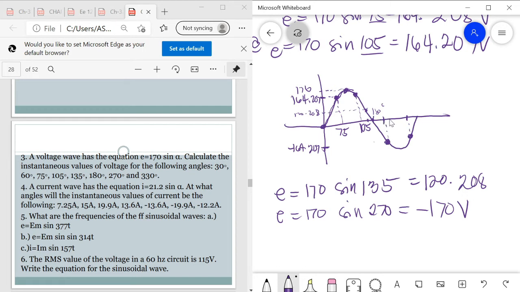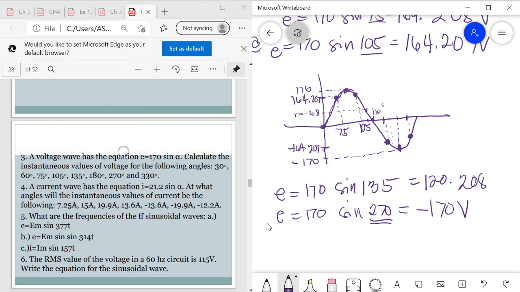So, makikita mo, if you project this one to our sine wave, makakakuha ka ng value. So, 270 is the maximum in the negative half cycle. Ito. This is our 170 volts. Negative 170. At positive half cycle naman at 90 degrees. At negative half cycle at 270 degrees mo makukuha yung maximum voltage.